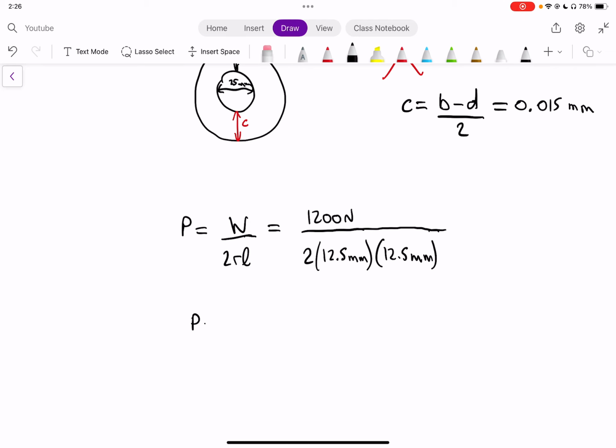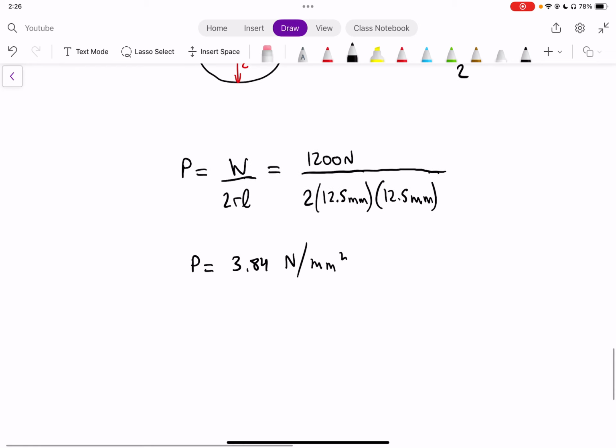So then we can say the pressure is equal to 3.84 newtons per millimeters squared. Okay, I'm keeping the units as is, and then you can convert those units if you want to Newton per meter squared.